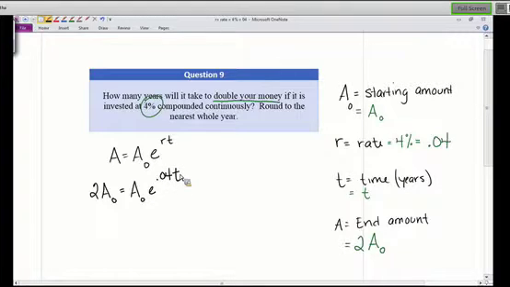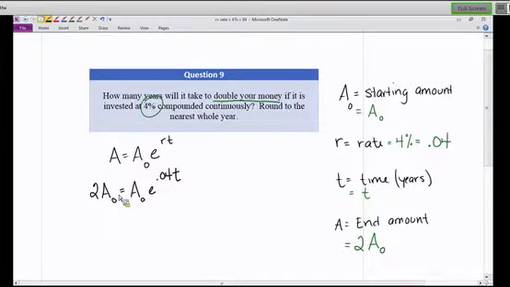Anyone have any questions up to here? Let me give you guys a second to copy this out. Okay, that's our formula. We're substituting into the formula. And in this problem, we're solving for t. We are not solving for A sub 0. We're solving for t. Okay?